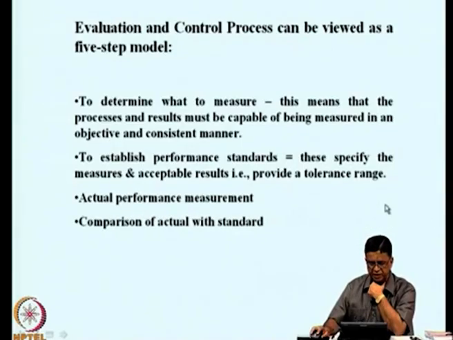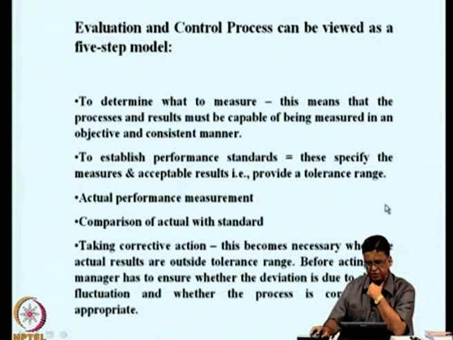Then we looked at the evaluation and control process with respect to strategic management. We said it can be viewed as a 5-step model. The first step we look at to determine what to measure, then the second step to establish performance standards, that is where you give a tolerance range.